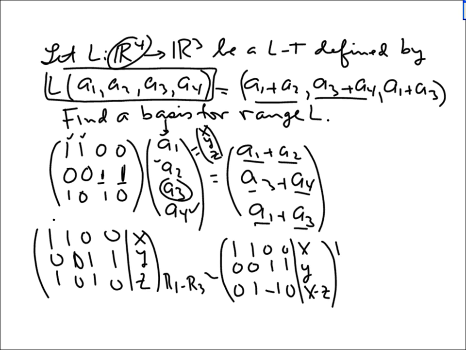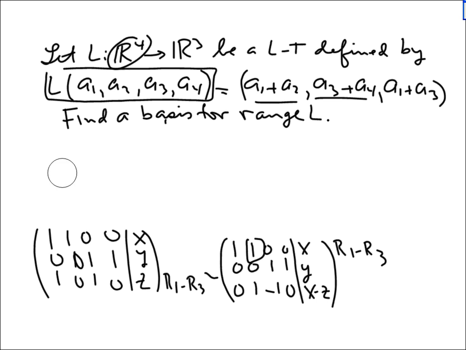Okay, now I will do row 1 minus row 3 to get that to be a 0. And of course I run out of space. So we come up here. Okay.